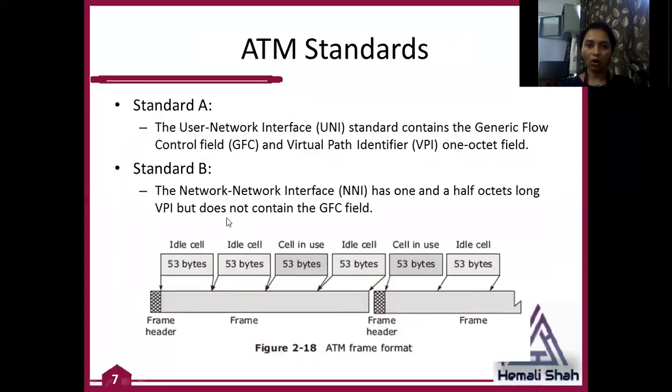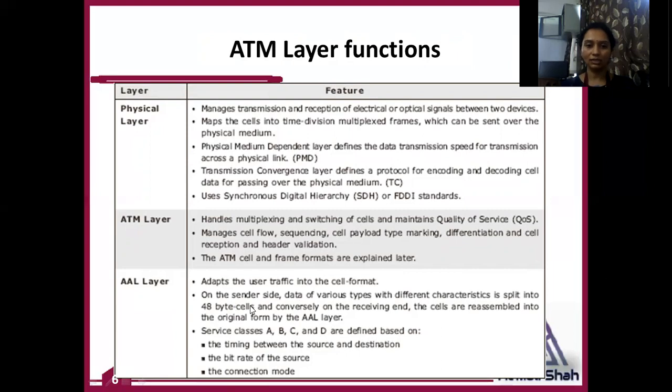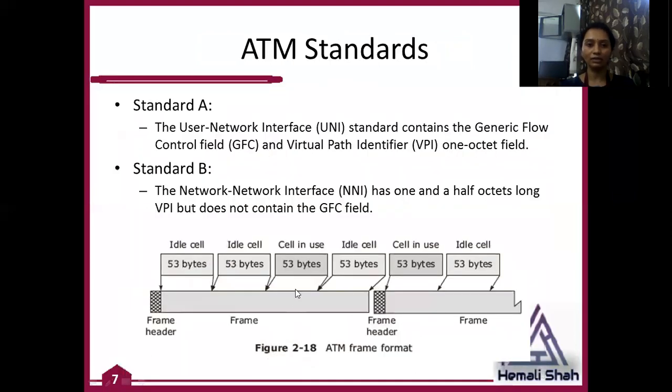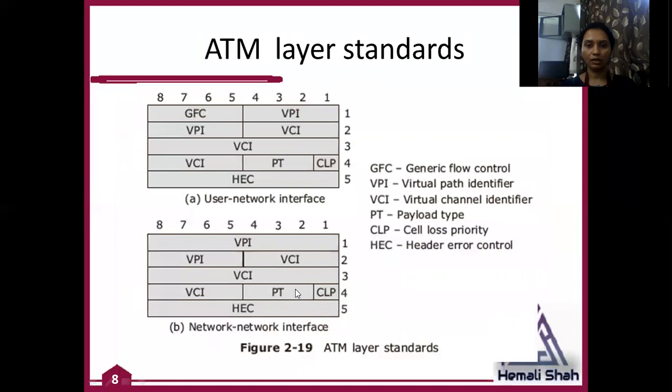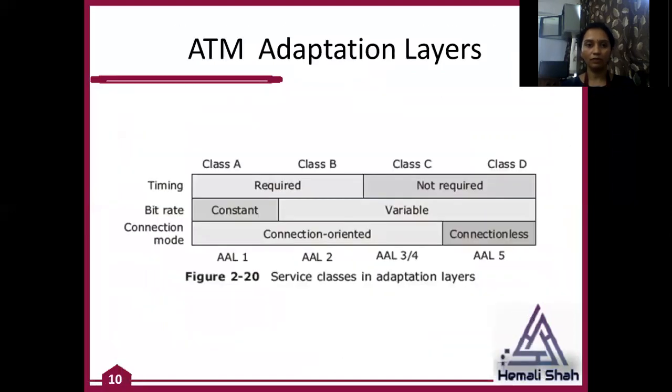These are all the standards used by the AAL layer. Class A, class B, class C, and class D are defined on the basis of timing, bitrate, and connection mode. Class A and B both require timing, and C and D do not require timing.